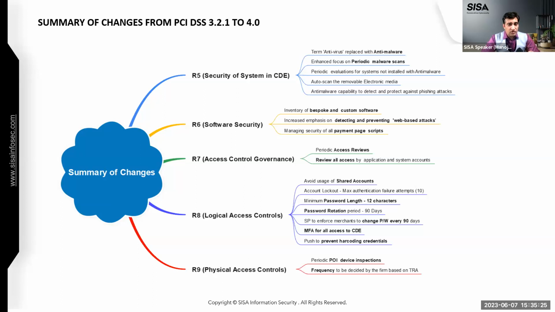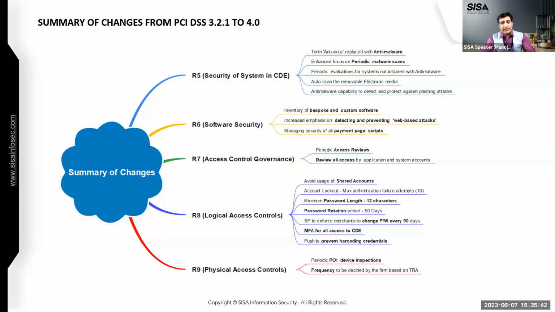Requirement number 6 talks about software security. This is where your development, SDLC, all of that comes into place. Organizations that develop bespoke or custom applications need to maintain the inventory for sure.